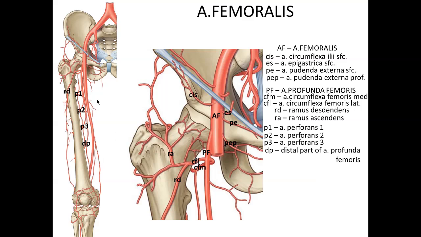It's because of a biological law. All large arteries and veins and nerves pass on the anterior or flexion surface of large joints.